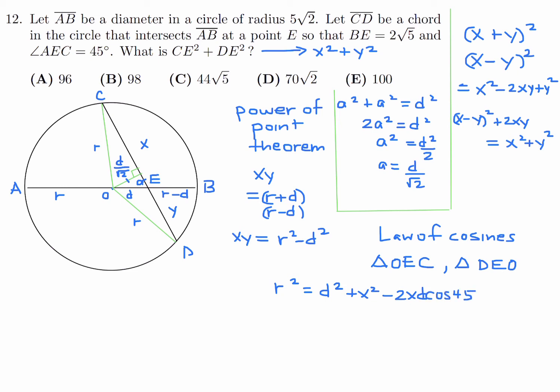And on triangle DEO, it's going to be r squared is equal to d squared plus y squared minus 2dy times cos of that angle, which will be cos 135, 180 minus 45.